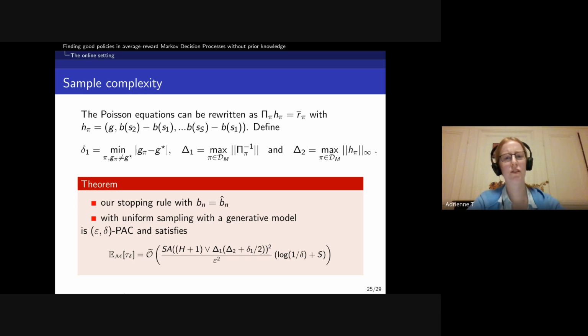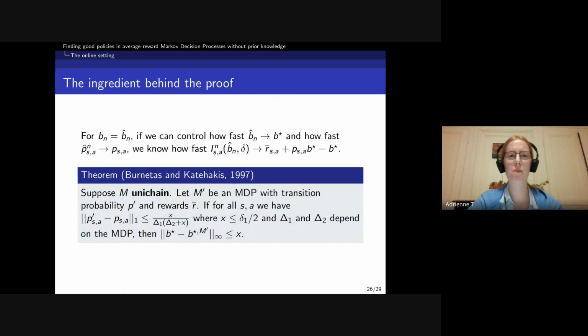And so to understand where they're coming from, they come from a simulation lemma. Because what really matters here is how fast our empirical biases will converge towards the actual one. Because if they converge very, very quickly, then it will be way easier to estimate those PSA times B quantities.